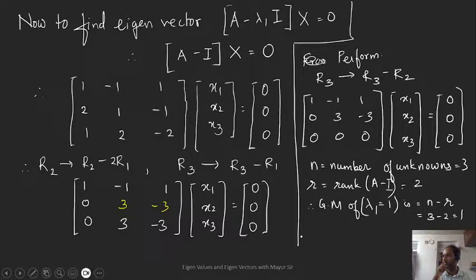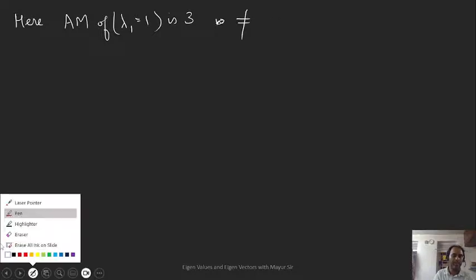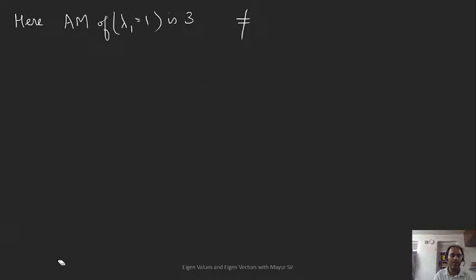So we can now conclude that here AM of lambda 1 equal to 1 is 3, which is not equal to GM of lambda 1 equal to 1, which is 1.